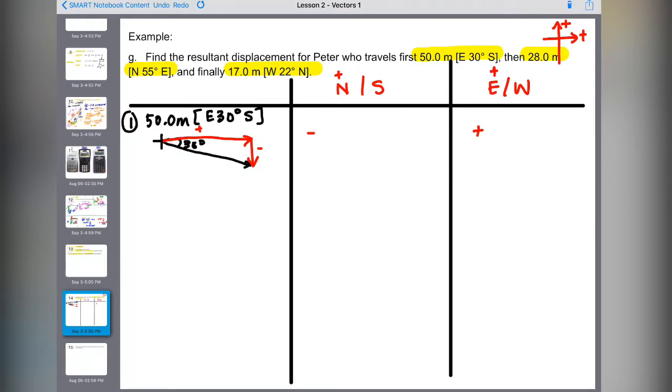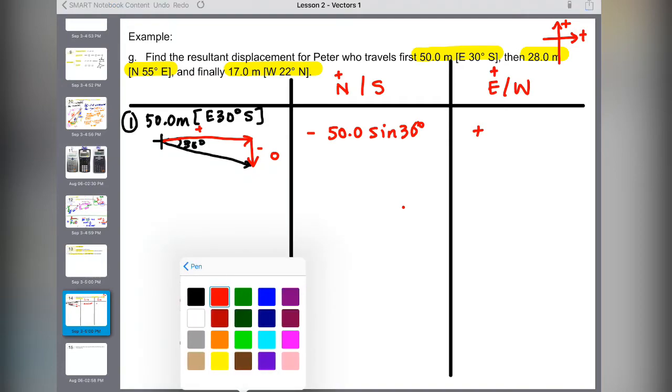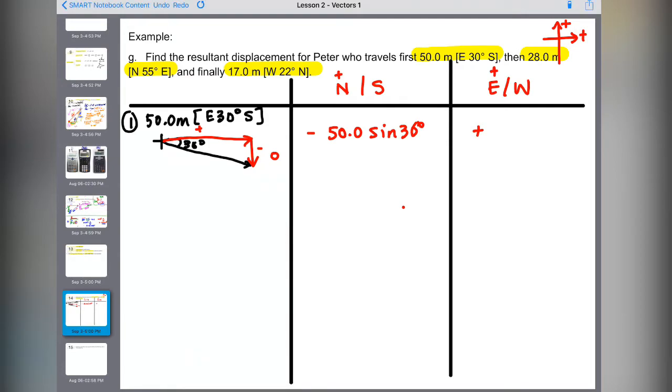Okay, so going north and south, I'm looking at this side. North and south is directly opposite in the triangle. And when it's opposite, the y component is the hypotenuse, which is 50, sine of 30, because it is the opposite. So we just established that when it's opposite, we use the sine.